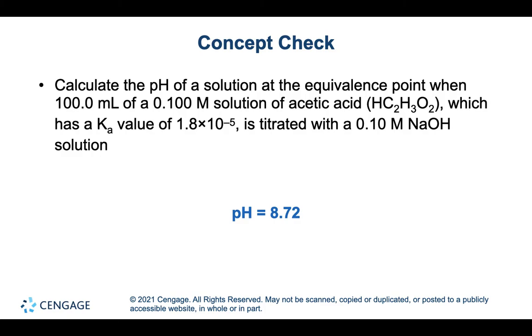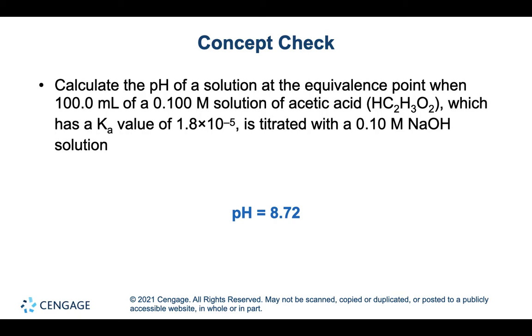So calculate the pH of the equivalence point, and I probably need to work this one out on the board because I don't have it typed in. So remind me again on Tuesday, work this one out on the board. Here at the equivalence point, you actually have acetate.